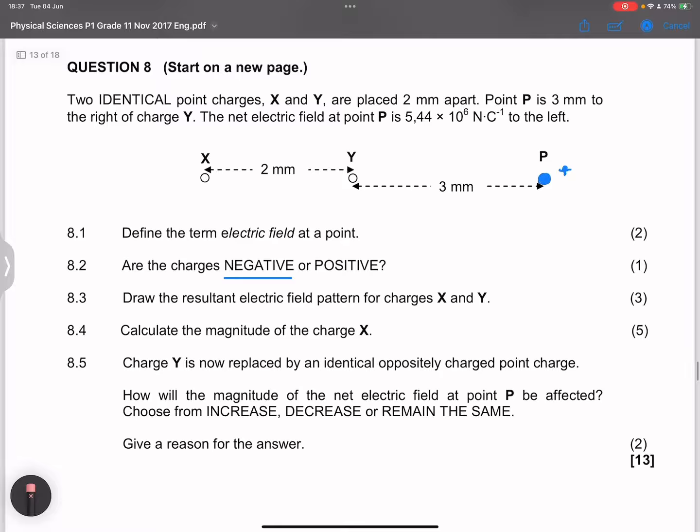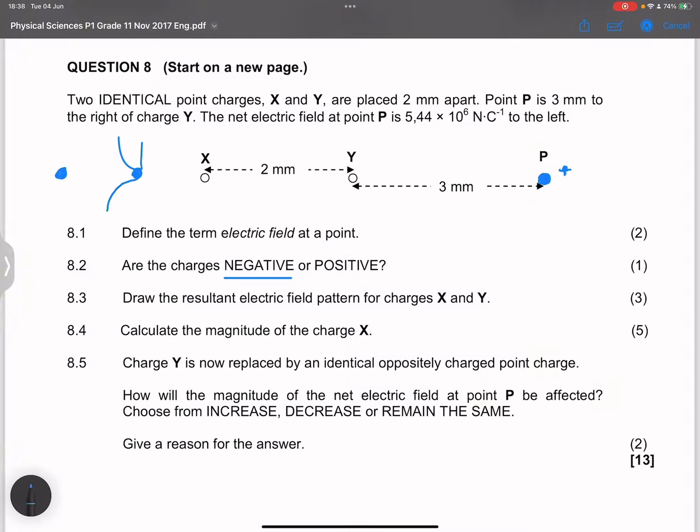Now they say draw the resultant electric field pattern for charges X and Y. Okay, so what I'm going to do there, let me just draw them over here. These are point charges, right? They are identical in charge. So I know that they are negative, by the way. So that means that our electric field will be in that direction. So it will be an electric field that is moving towards the center of the charges.